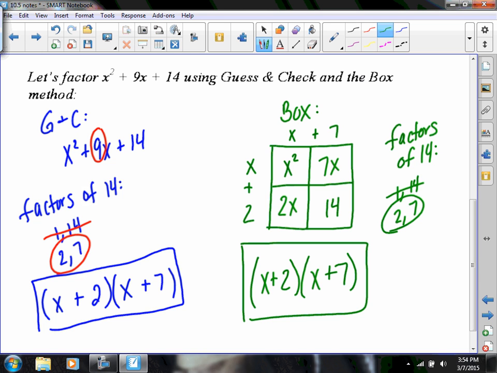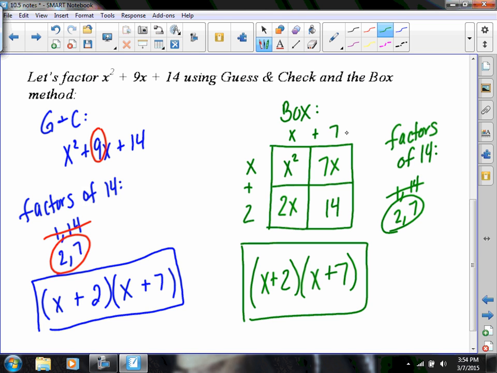Okay, so the box method probably isn't as efficient time-wise because there's a lot more that you have to set up, but it's a very good structure for students who need a step-by-step process in order to be successful with the factoring. And it works super well when we have a lead coefficient in front of the x squared term.